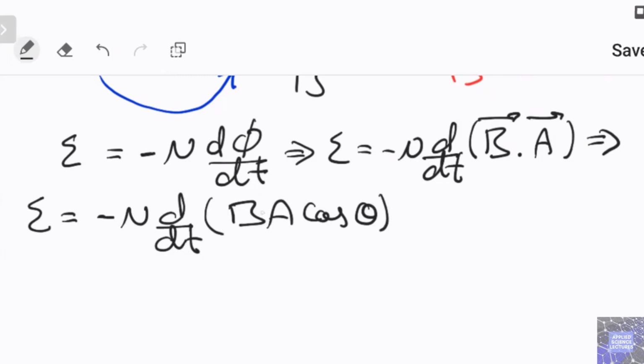If A as an area is constant and B also is uniform, the only variable that is changing is theta.